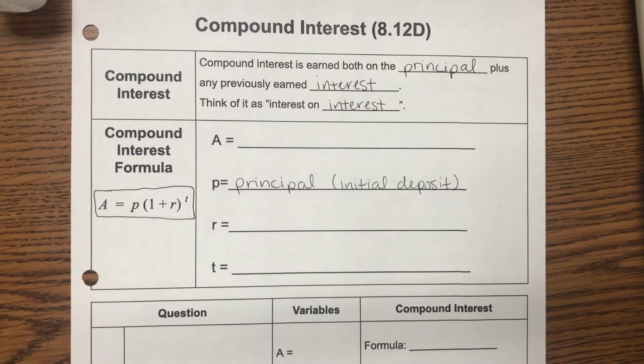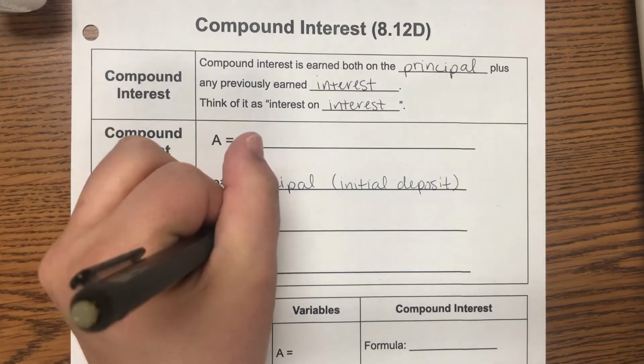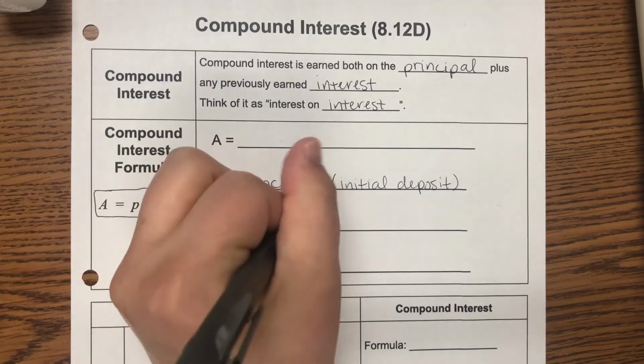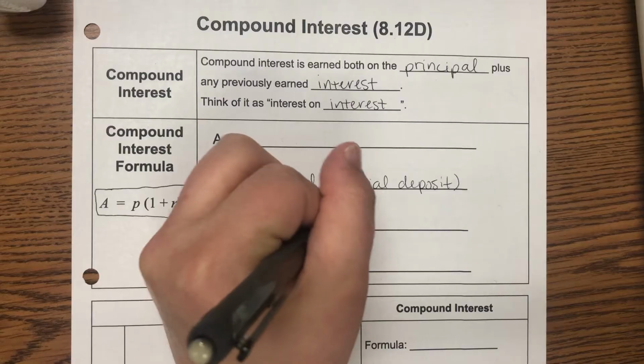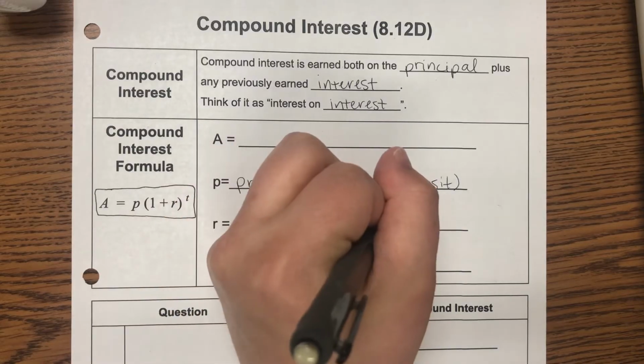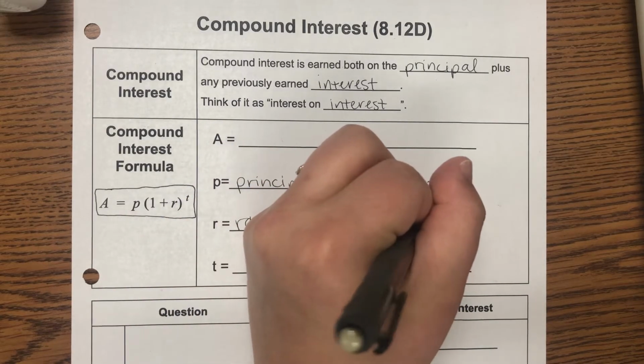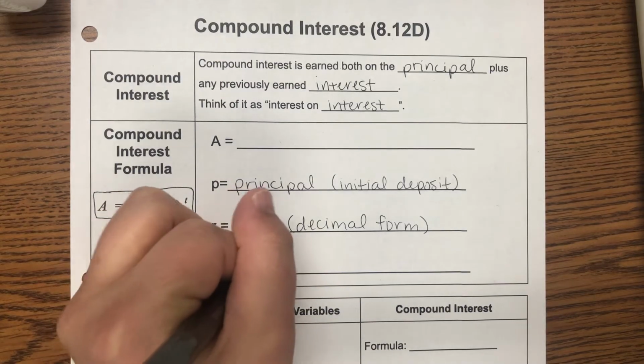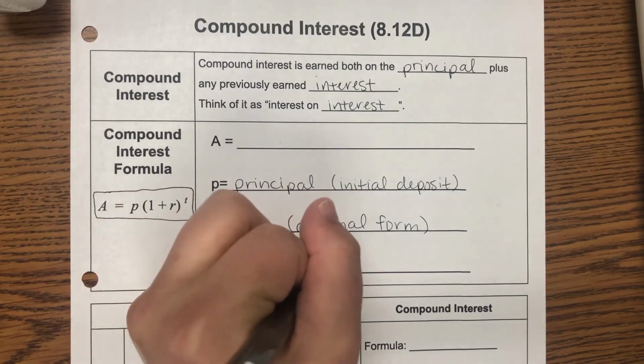Then we have R. R is our rate, our interest rate. Okay, and now remember your rate, it has to be in decimal form. And then we have time, and our time is in years.